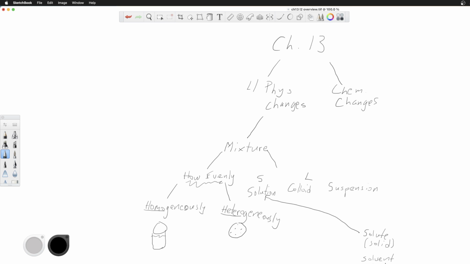And when you have a solute, like salt, dissolve into a solvent, like water, you end up with a solution like salt water. So those are a couple other terms that would be helpful to know because they will also be on the quiz. So there's the big picture overview of where we've been and what you need to know for this chapter, particularly as it relates to mixtures, which are the specific type of physical change that we're looking at in this lesson.